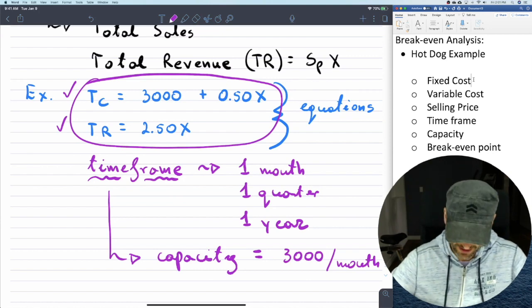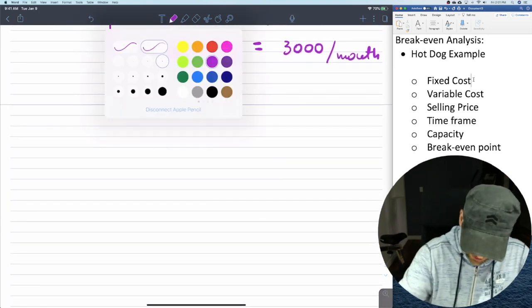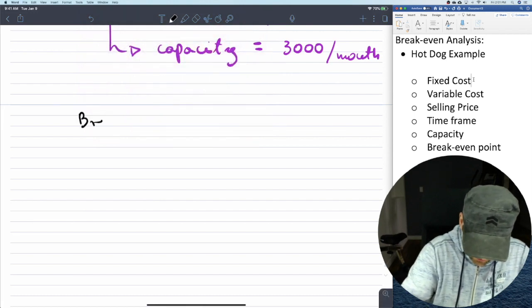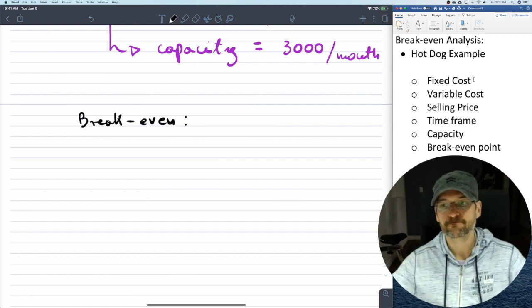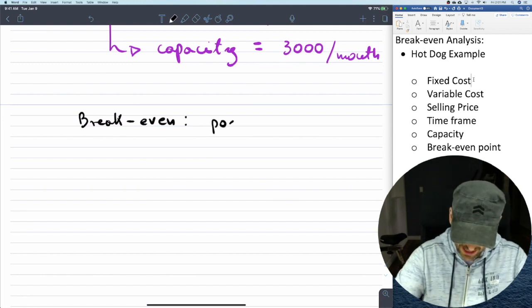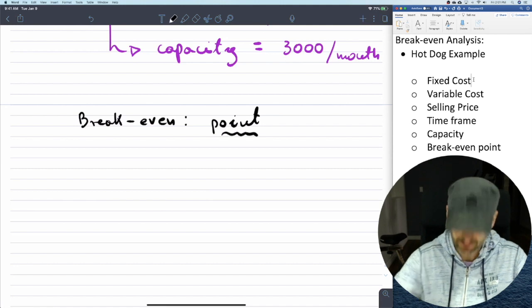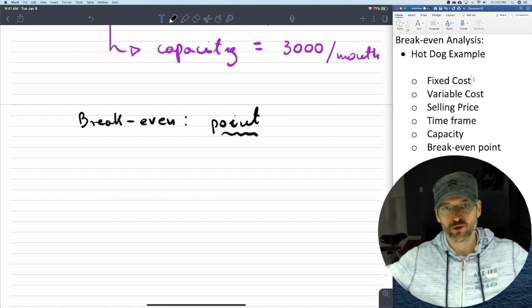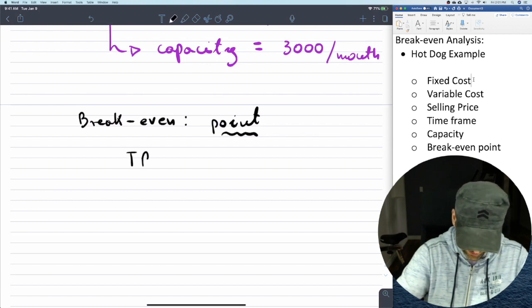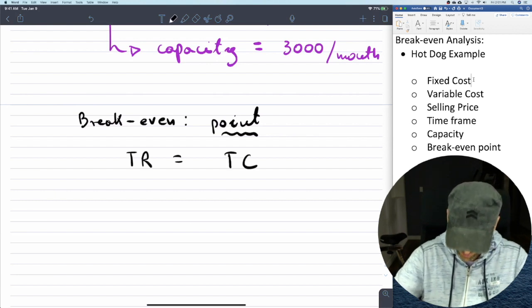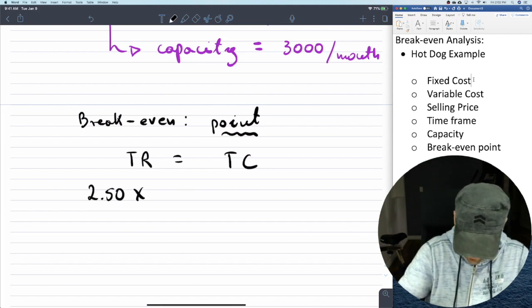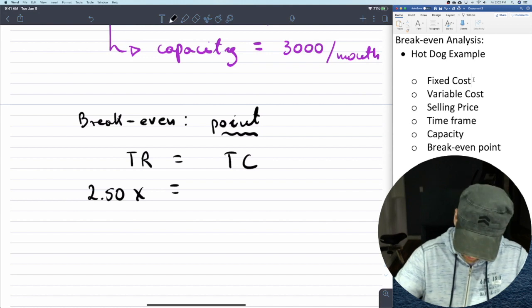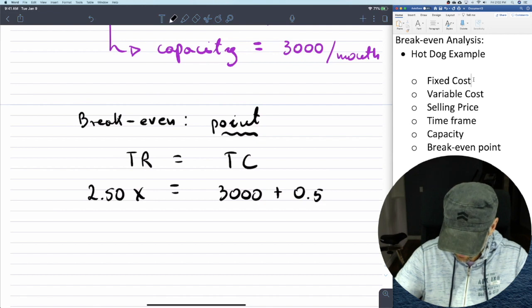So if you want to find your actual break-even point, that point is how many units you will be selling in order to have those two equal. So total revenue equals total cost. And now I know my total revenue equation, and I know my total cost equation. So that's what it is right here.